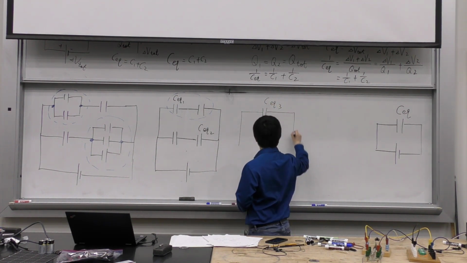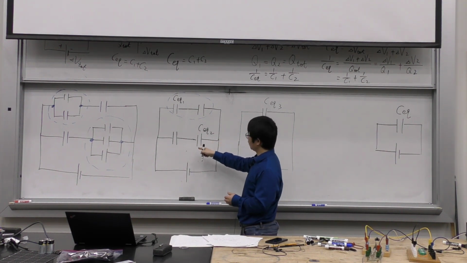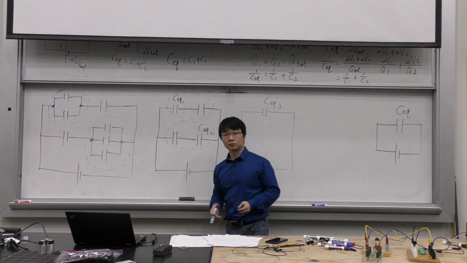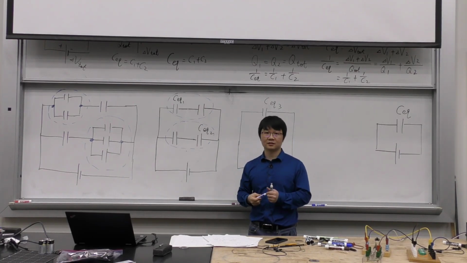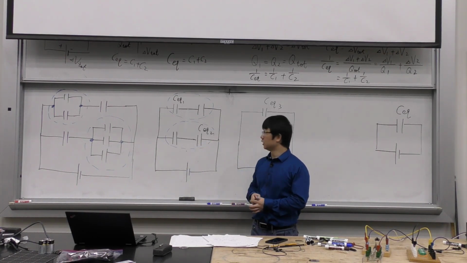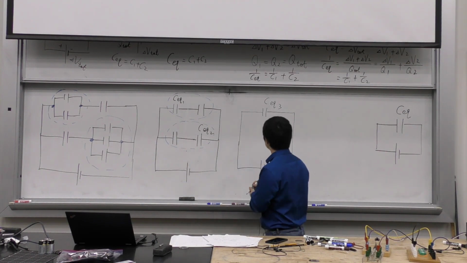Then I would have the battery here, and I would still have these 2 guys here. And these 2 guys, I realized that they are in series as well, 100% sure. I don't care about the other guys connected to them. These 2 guys, definitely series, because there's one path connecting them, one after the other. So I can replace these 2 guys, say, I call it CEQ4.